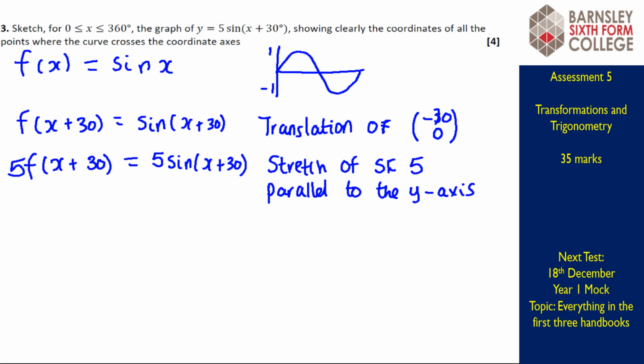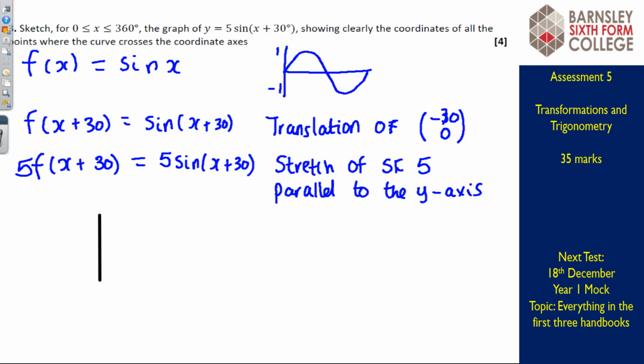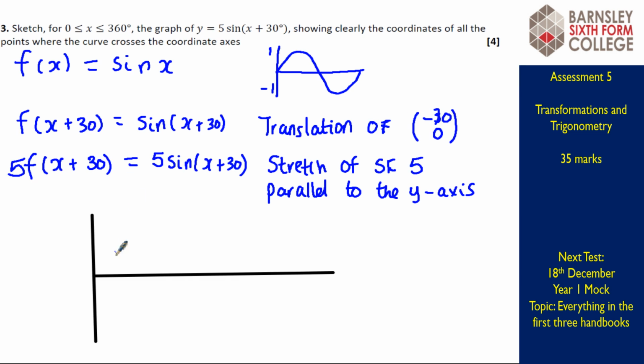So let's now go ahead and sketch this. Before, we would start at 0, but now this is shifted 30 to the left, so now we'd start here.